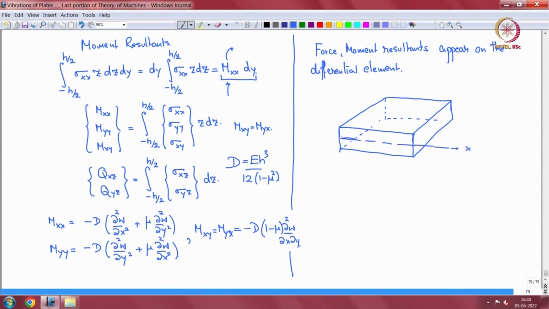This is X, that is my Y, and that is Z. Okay. So on the Y face we'll have MYY moment. This is MYY. On the other face we'll have the incremented moment, because that's a positive direction. So we'll have MYY plus del MYY by del Y dy.